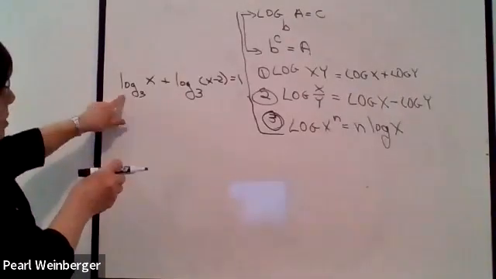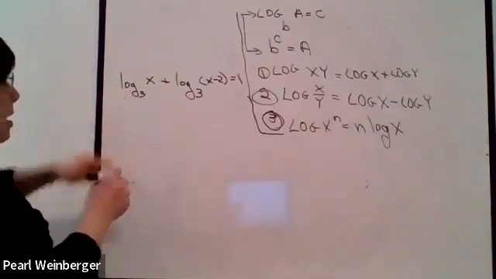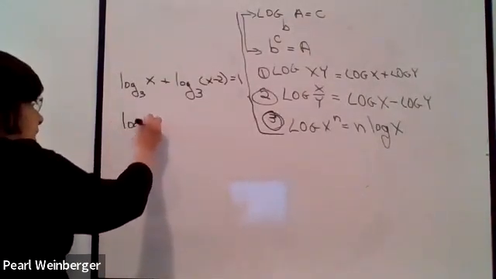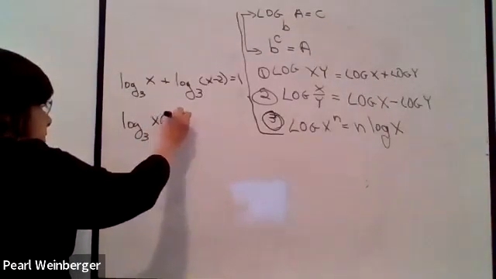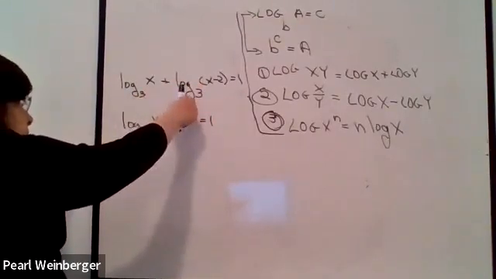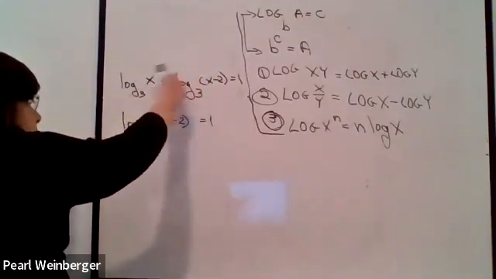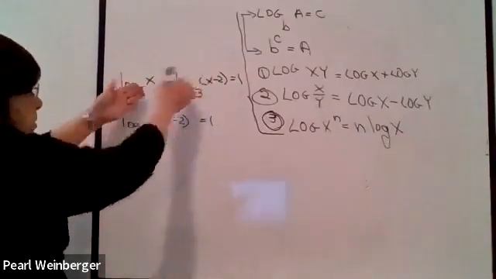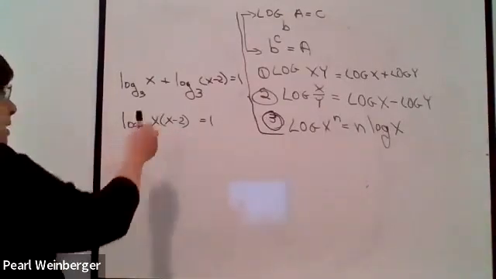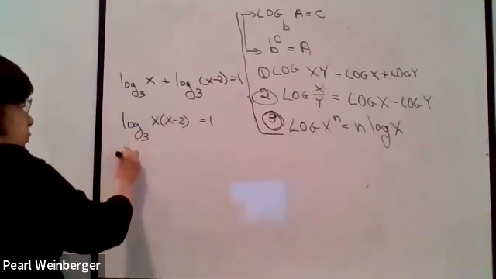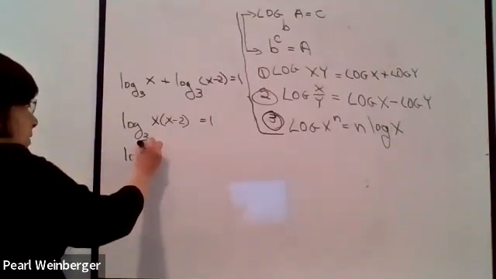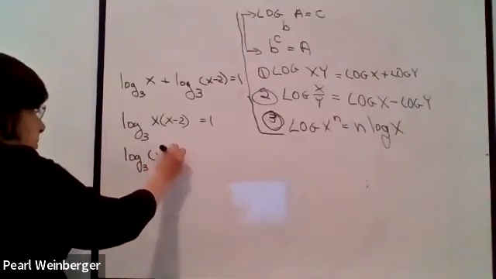So if I want to contract this back to a single log, I'm going to change this to log base 3 of x times x minus 2. Because the logs being added meant the 2 numbers, which are the expressions right next to the word log, were being multiplied. Now, x times x minus 2, of course, I could use the distributive property, will be x squared minus 2x.